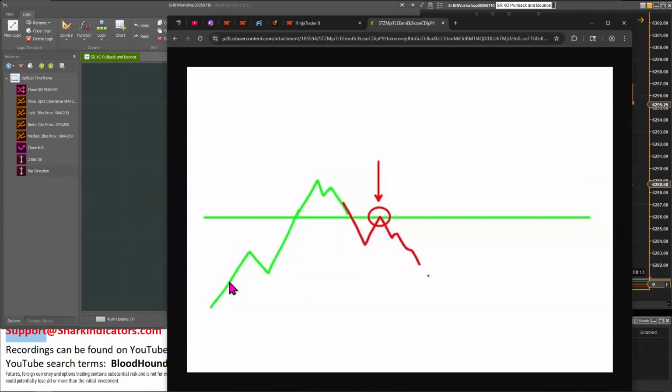But now condition number one is establishing that price is on the side of the support resistance level for X number of bars that we might get the bounce signal for. This is a short bounce signal, so we need price to be below our support resistance level before it crosses up.